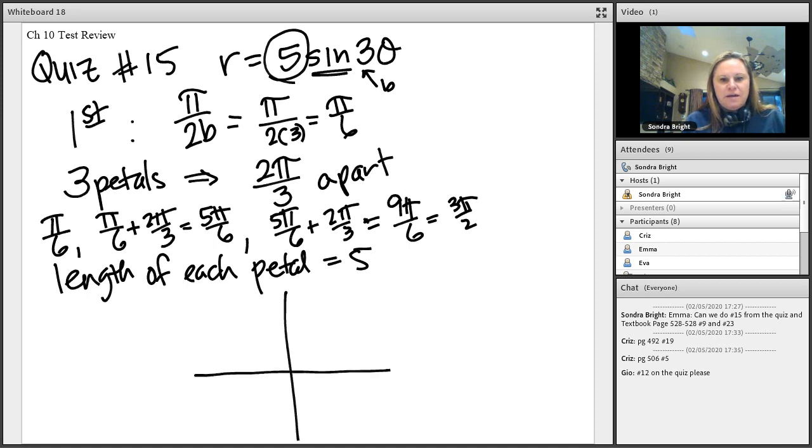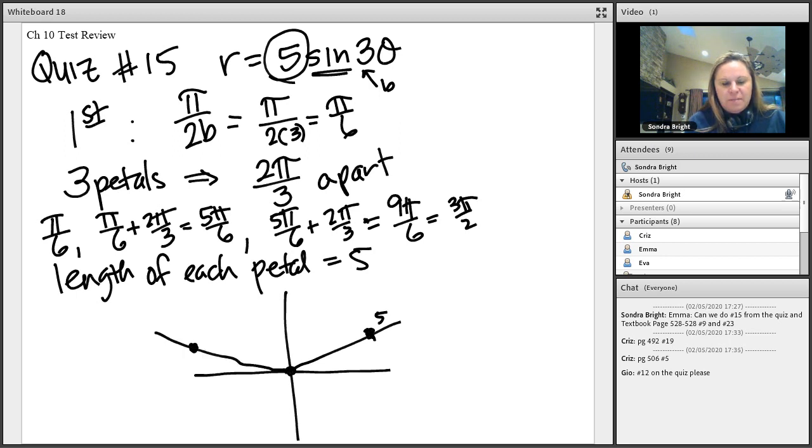All right, so I'm going to do my best to draw this. We've got pi over 6 is the first one, which is, I don't know, about here. And I'm going to go out 5 units, so I'll just say that's 5, so I would put a dot there. I've got a dot at the pole, by the way, too. I have one at 5 pi over 6, which is about there.